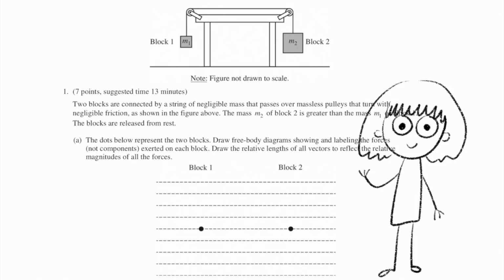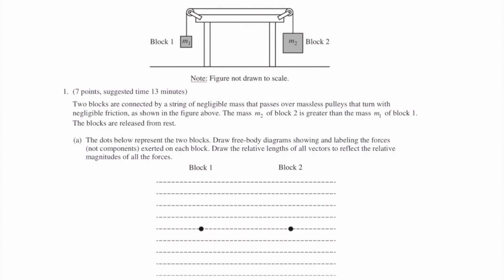In this video, I'm going to be going over the 2015 AP Physics 1 FRQ number 1, and let's just get right into it. So this is problem 1, and it was worth 7 points, and the suggested time was 13 minutes.